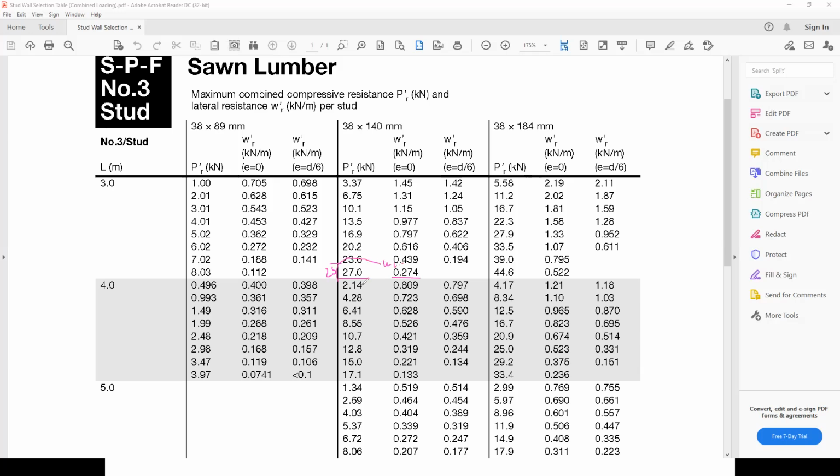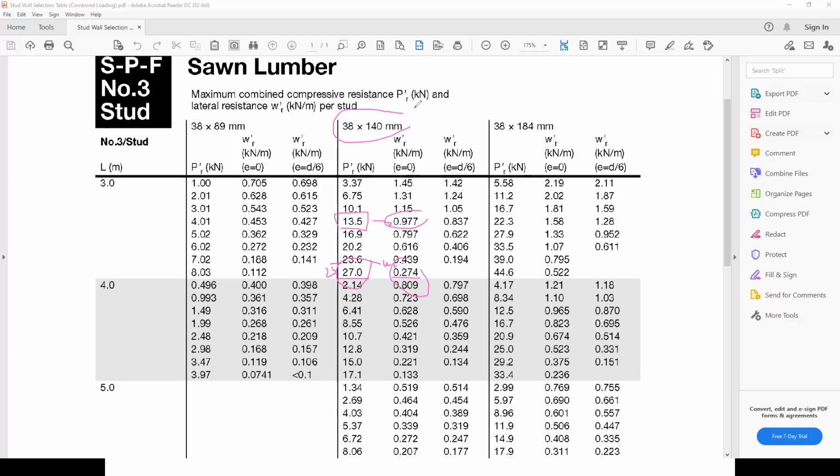So I know that this and this is greater than what I need for case number 3. And then when I go to case number 4, I look for a PR that's at least 13.5. And then I just check to see that the WR is greater than the WF. And if that's the case, then this will meet both combination number 3 and combination number 4.